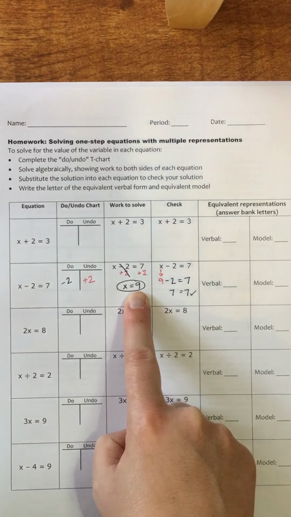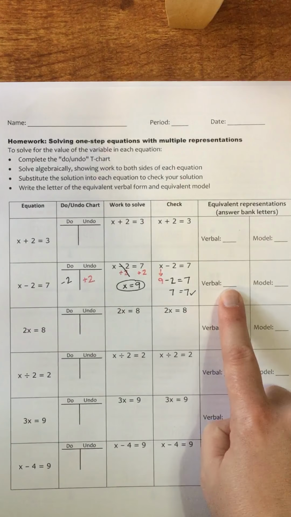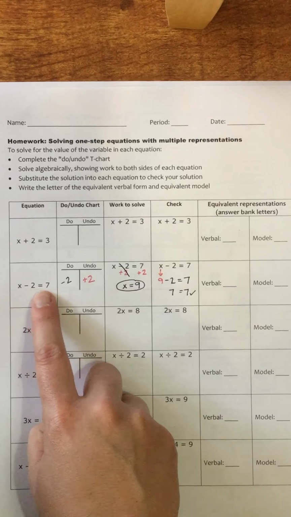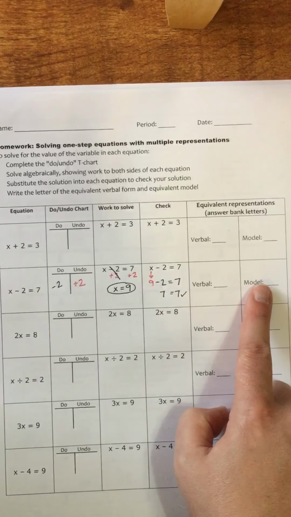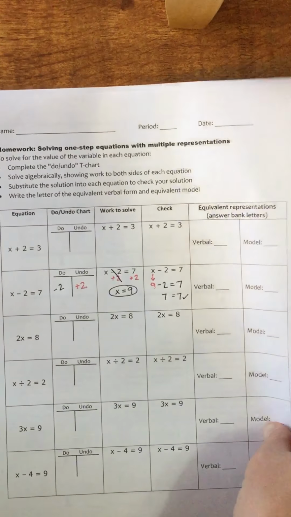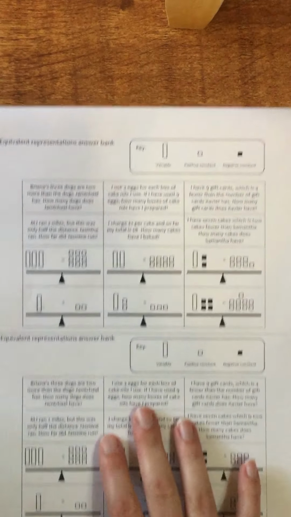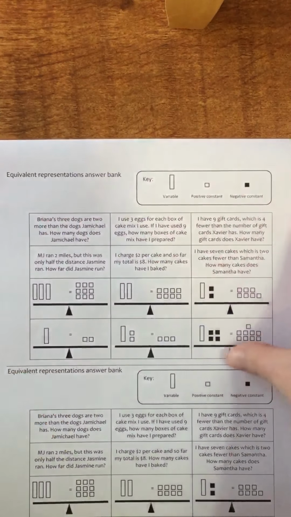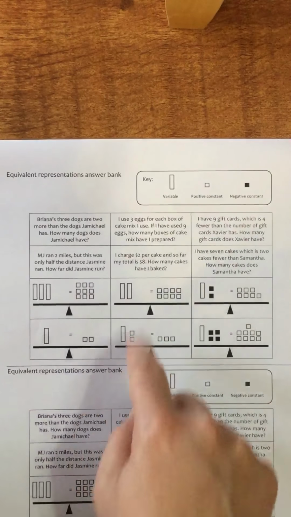Now for matching. I need a verbal description that matches the scenario x minus 2 equals 7, and I also need a picture model that matches the same thing. I'm only going to focus on one part of this because they're duplicated.